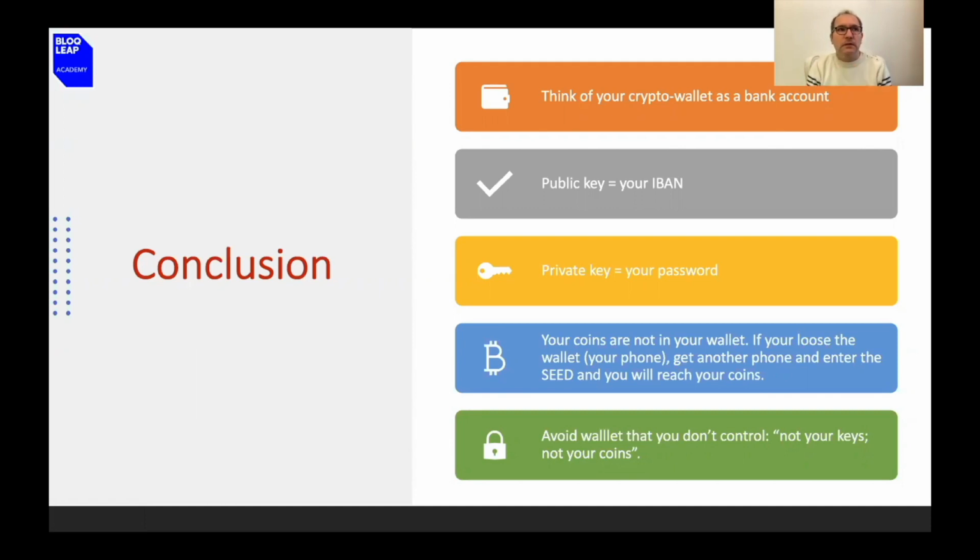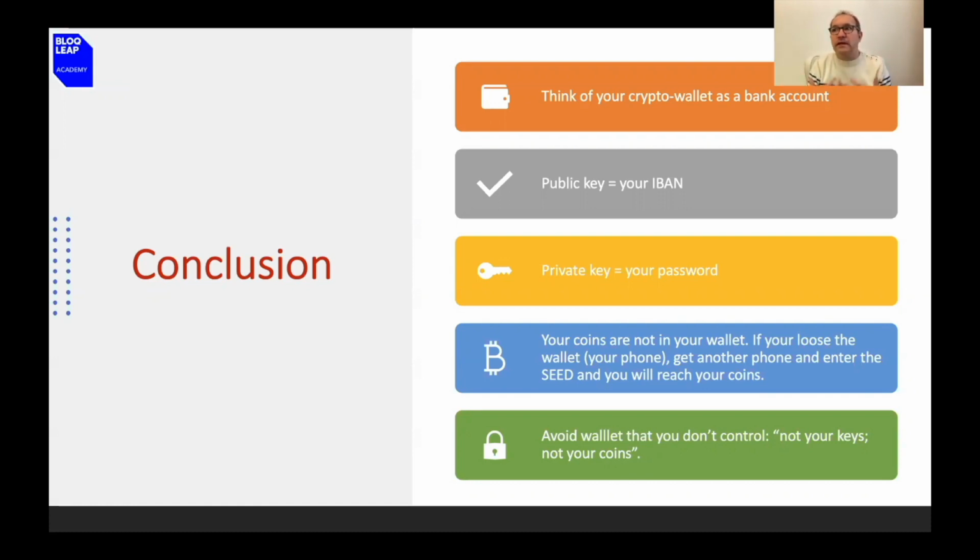I will create a lesson about that. So you download your wallet, you write down the seed, S-E-E-D, which can be 12 or 24 words. You keep these words in a secret place. Don't put them on your computer or your phone, okay? So once you've got that, you are like a bank.